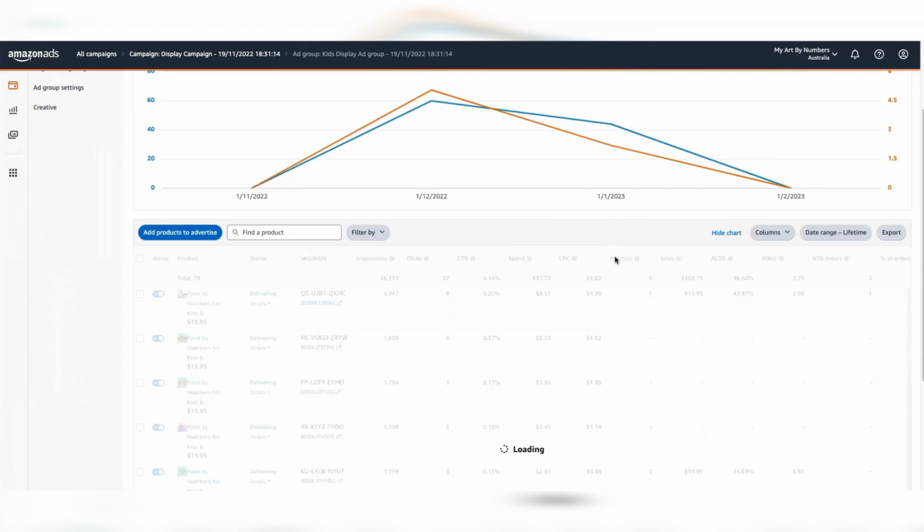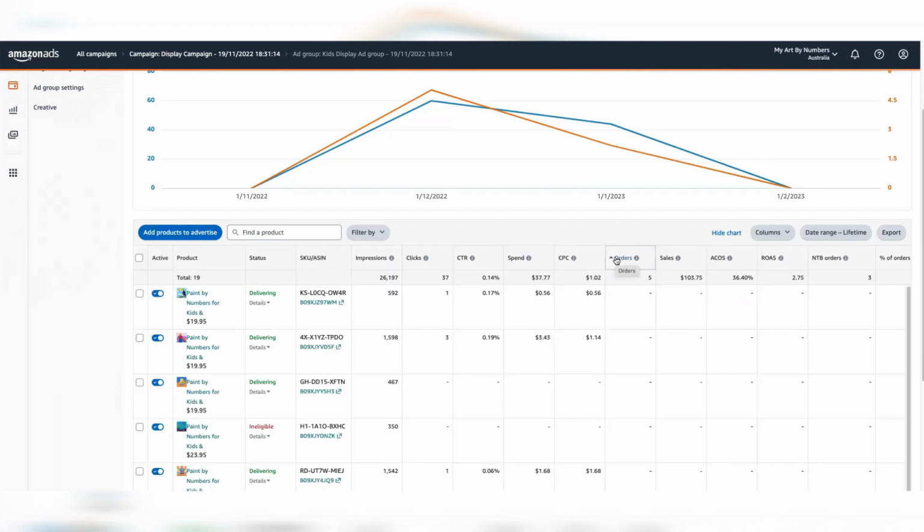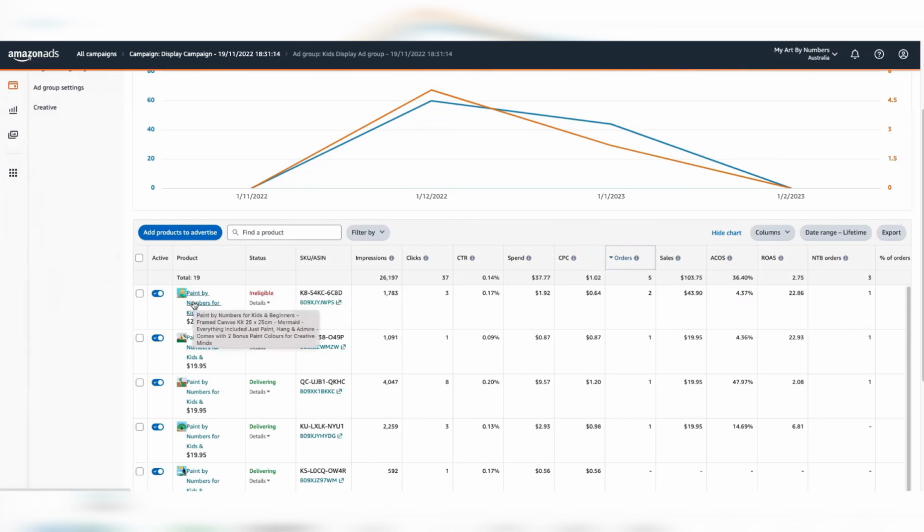So it's not just about total clicks, it's also about how much you're paying for those clicks that can cause ACOS to spike. So let's just see if there's a trend in terms of, okay, so it was this one, but it might be out of stock. I think it's a mermaid.